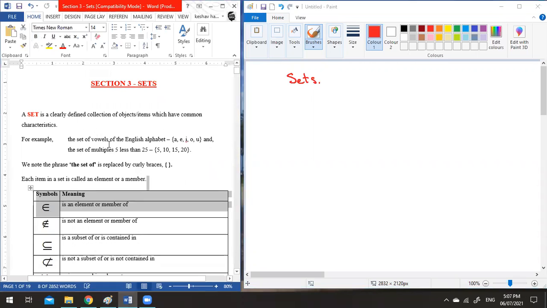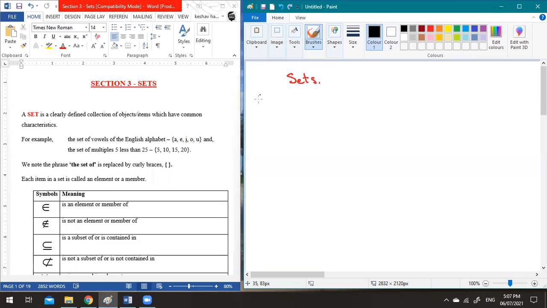For example, the set of vowels in the English alphabet will be A, E, I, O, U, and set notation is also always written using the curly brackets. Right? So these brackets represent the words "the set of."